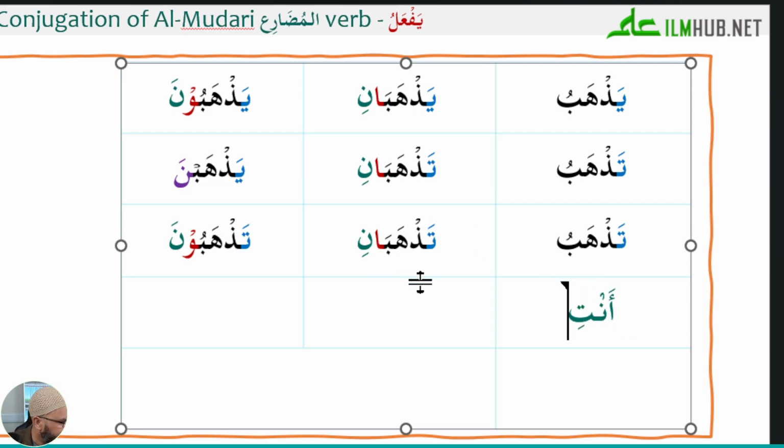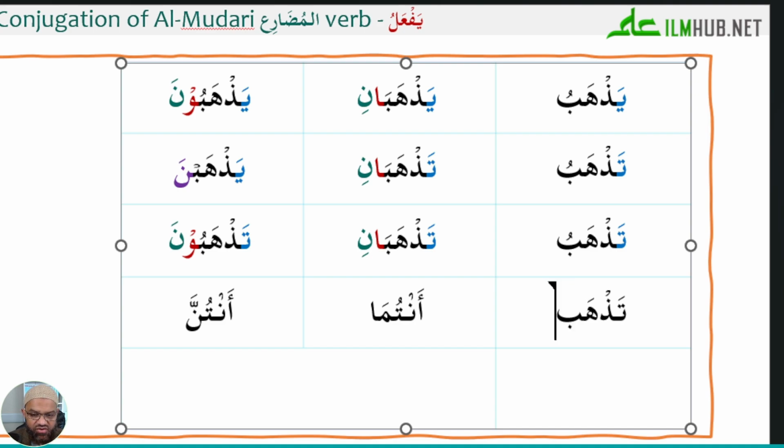Anti, antuma, and antunna. So the anti version is actually significantly different. So pay attention to this one, inshallah. Let's do this one slowly. It begins with the ta, dal with sukoon. The second root letter now takes a fatha, as in all the cases we've seen here.